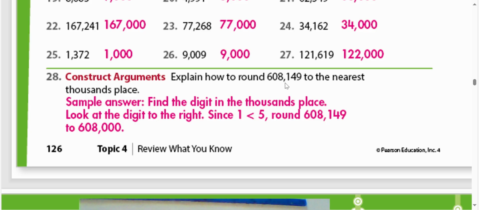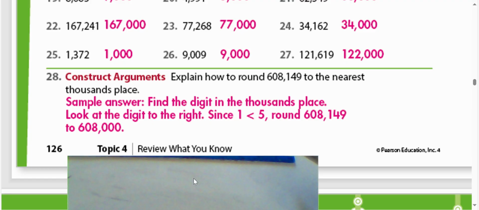And 608, you can approximate to the nearest 100, which will be 600. 149 is nearest to 100. Then I want to explain how to round to the nearest thousands place. Nearest thousand, this number is nearest to 1,000, and 149 is nearest to 0. Understood? Okay. Next question.